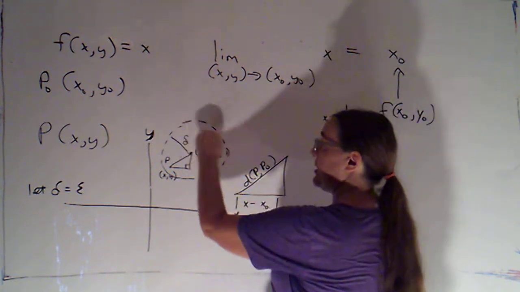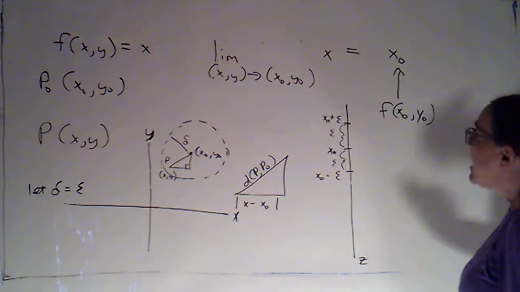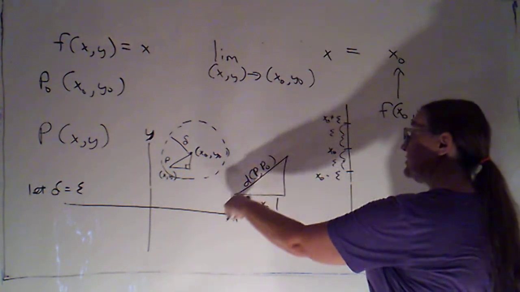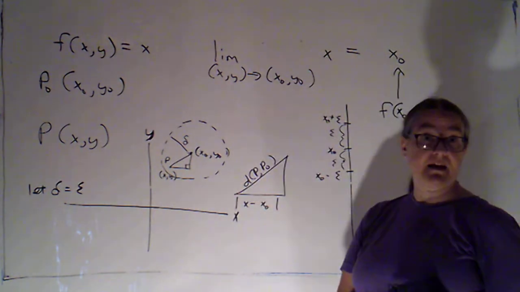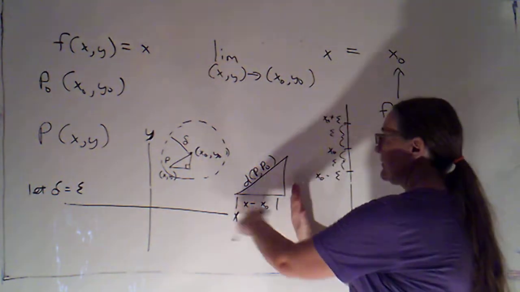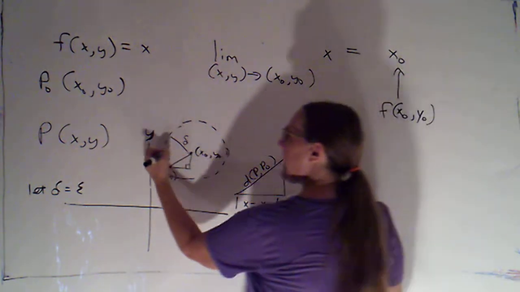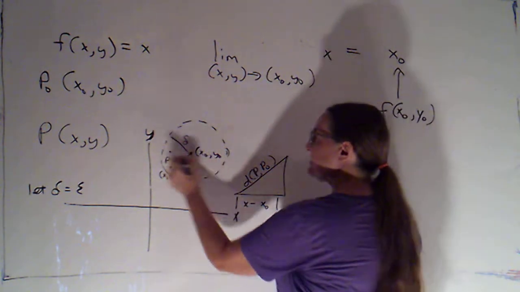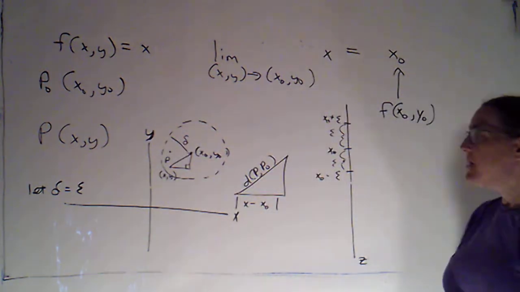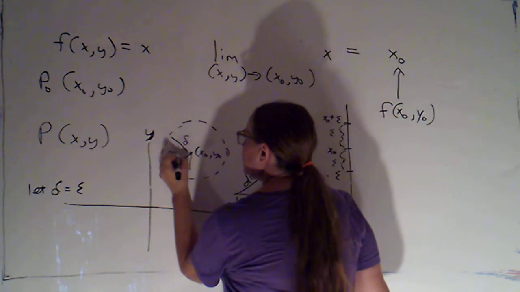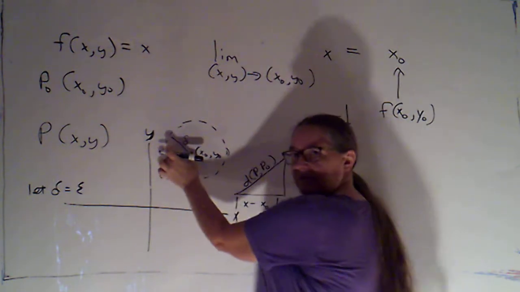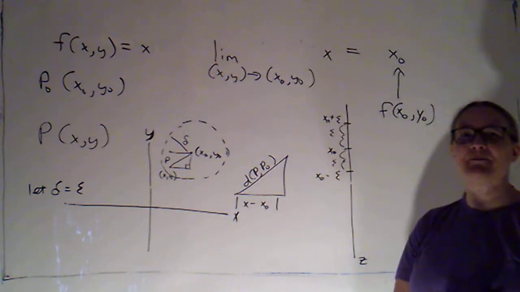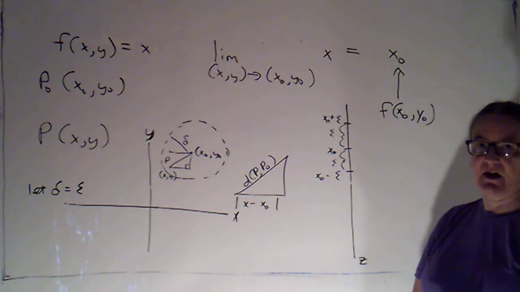I could have put it above. That doesn't make any difference. The only time I wouldn't get a triangle whose hypotenuse was the distance between P and P naught, and one of the legs was this, is if I had the point here, so that it was actually at y naught. But then the distance between P and P naught would be exactly the same as the absolute value of x minus x naught.